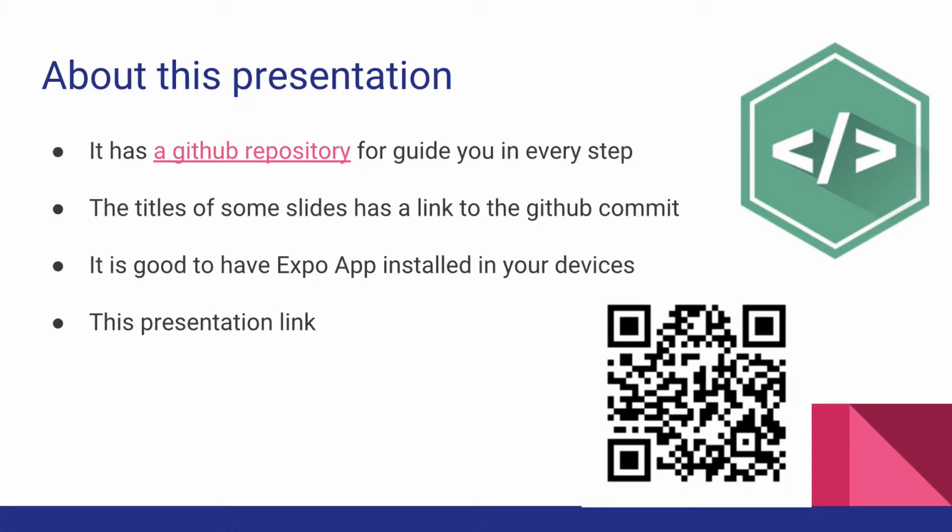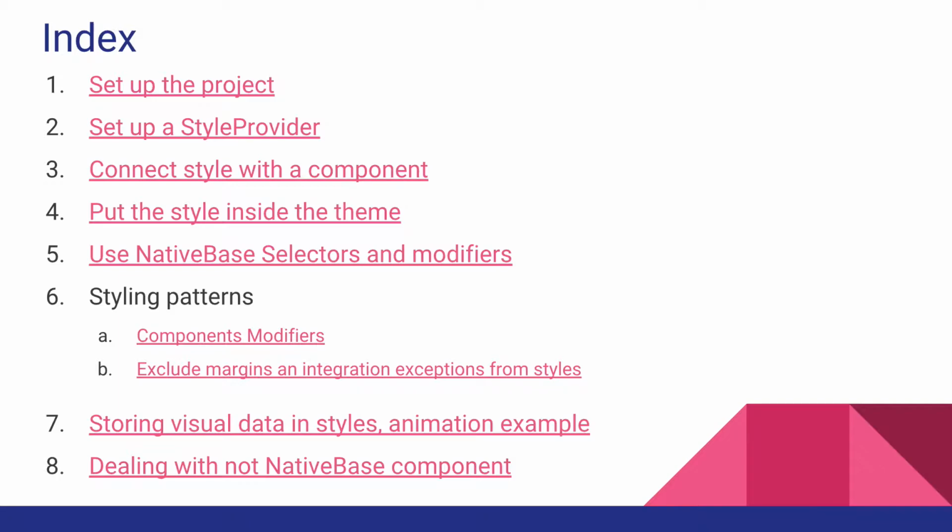They are very small commits in order to guide you in the future if you want to access this tutorial. The titles of these are linked to the step that you're going to need to understand these slides. And this is the QR code for this one.